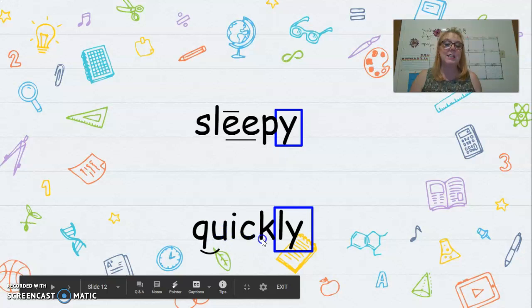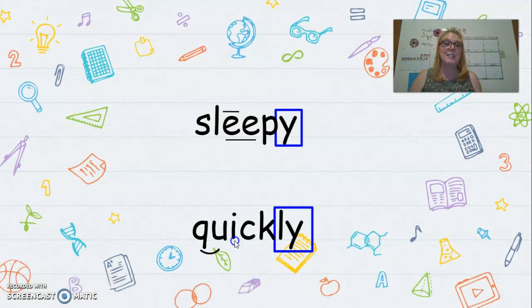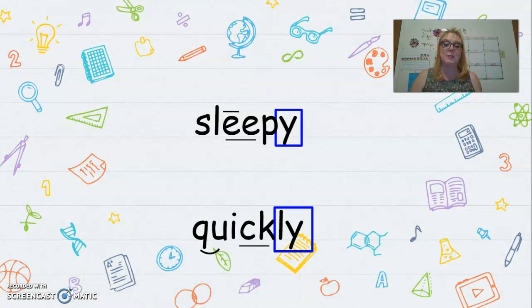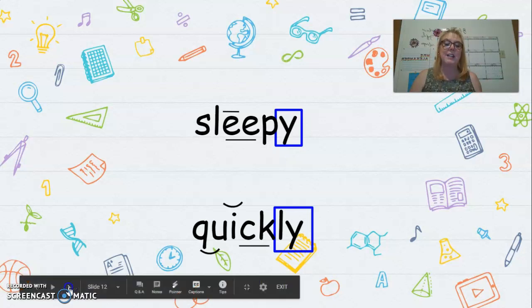So let's go ahead and look at the other vowel, the I. What kind is it? Yep. Oh, don't forget there's a CK there. That's right, the CK goes together, it makes one sound. And then this I is a closed syllable. So read the word. Quickly. Good job.